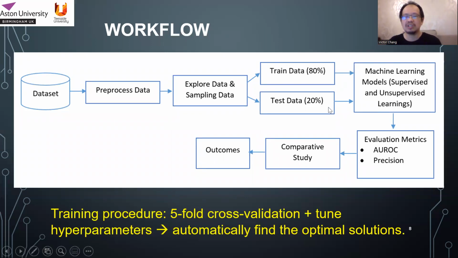Then with the machine learning models, we use supervised and unsupervised learning. The next step is the evaluation metrics. There are other ways to evaluate, but we have chosen AUROC and precision. We will explain briefly a little later, and then we compare the different experiments and results so that we have outcomes.